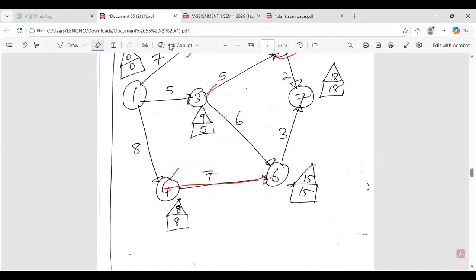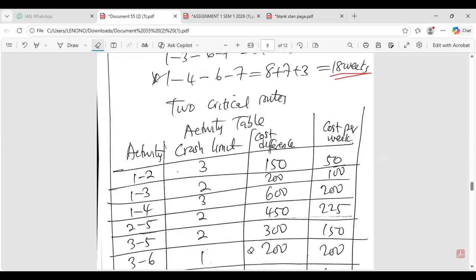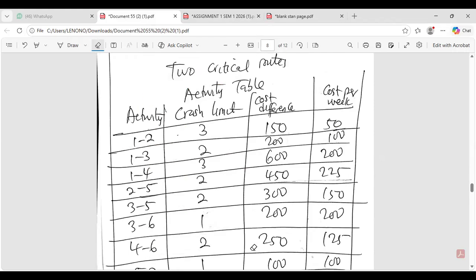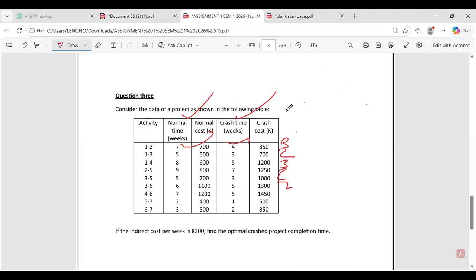Then the cost difference, we get it by looking at crash cost minus normal cost.